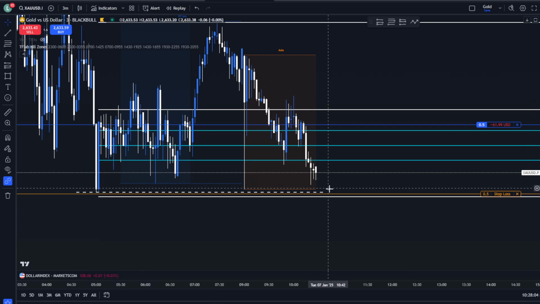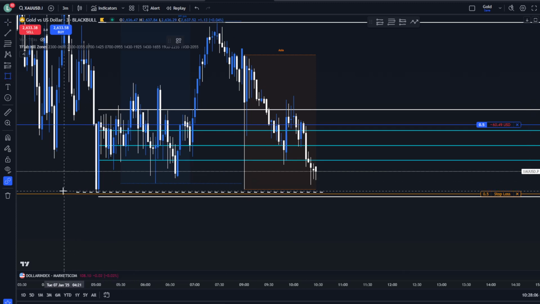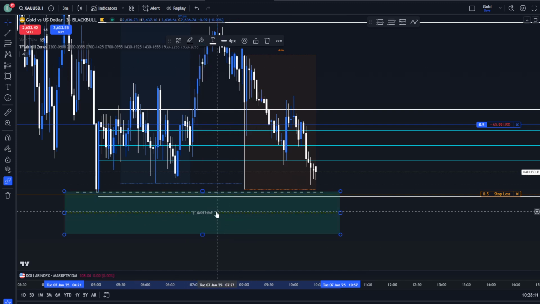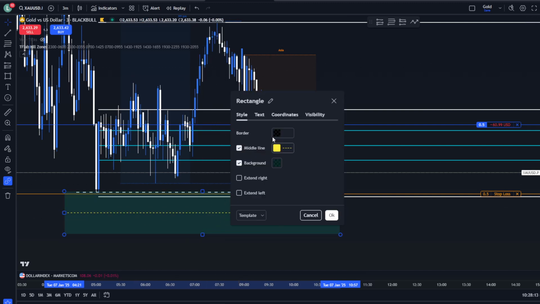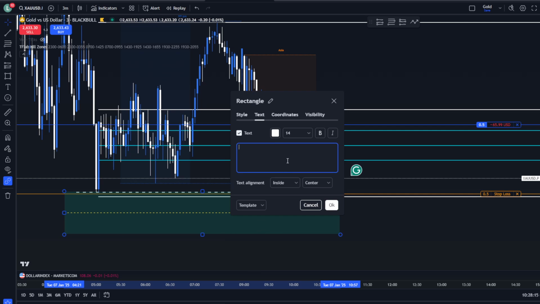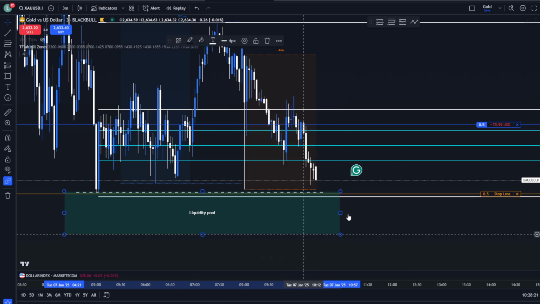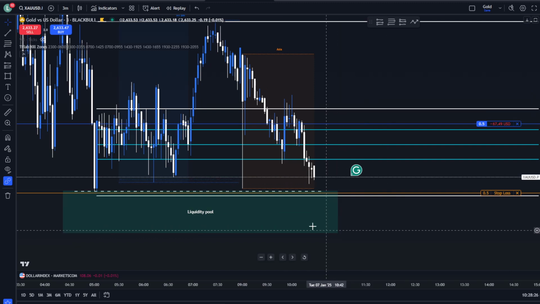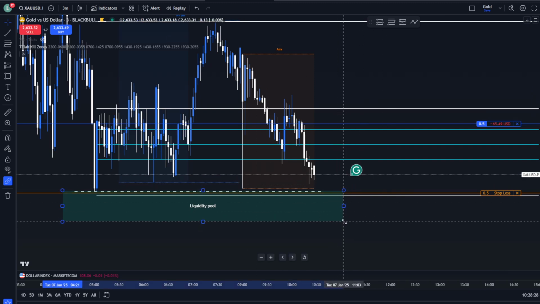This would be an area of liquidity, right? This is a liquidity pool because of these relatively equal lows.